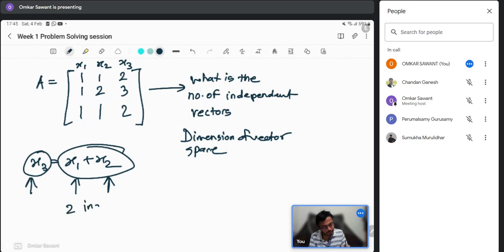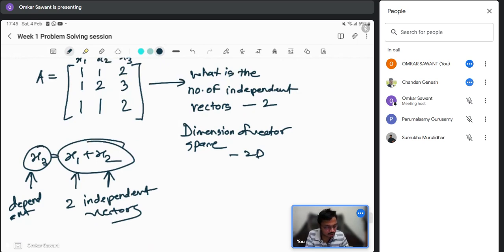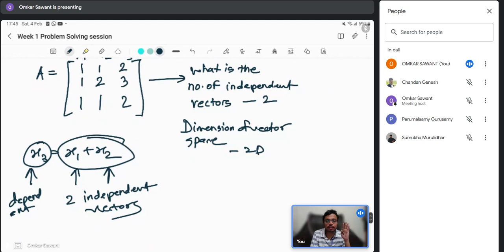Two independent, and this is the dependent one. Are you following? Yes, sir. Okay, if this is clear, so this will be two dimensional and this is two, right? Is it clear? Got it, sir.